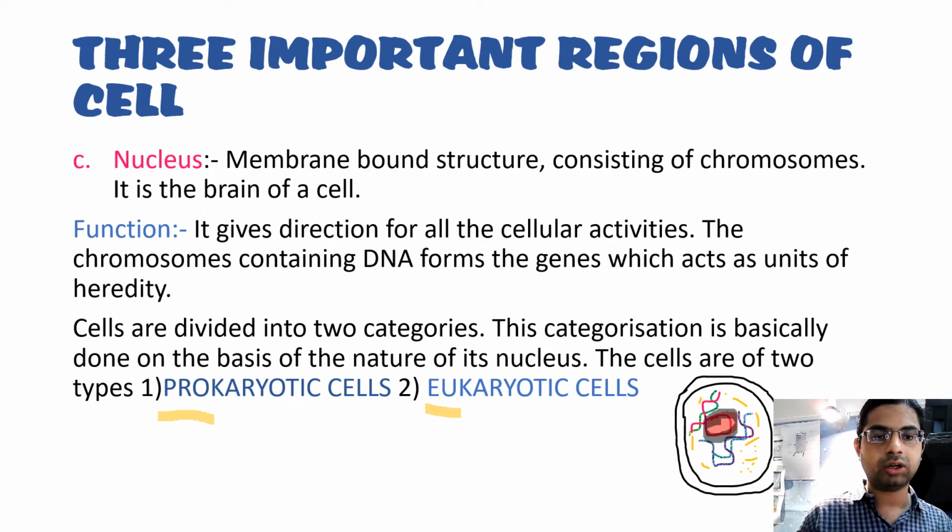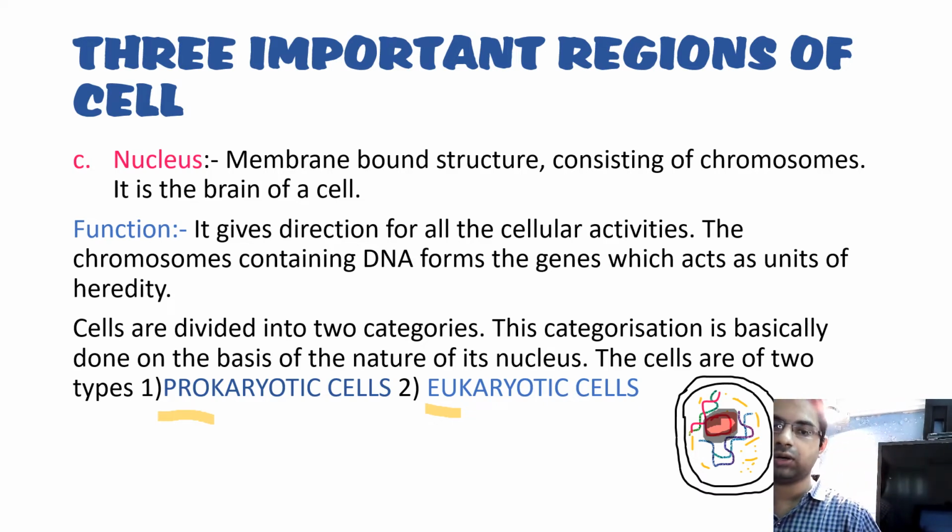Karyon means nucleus, pro means old nucleus, and eukaryotic means new nucleus. If the nuclear membrane is present, it is called a eukaryotic cell, and if the nuclear membrane is absent, it is known as a prokaryotic cell.